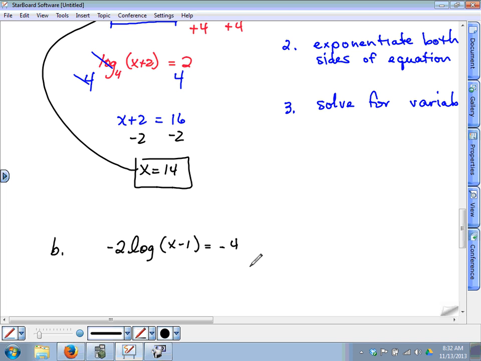Let's first decide on the domain. Before we even start solving this, what are some values of x that simply will not work? What can x equal? x can't be 1 or anything below that. So if we get an answer that's less than 1, either we've made a mistake, that could have happened, or the answer is just extraneous. So just keep that in mind. All right, what do we do here?